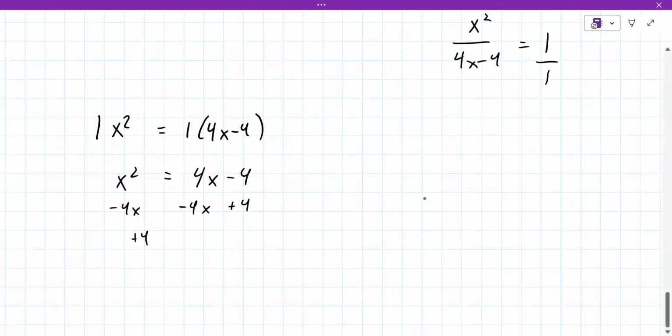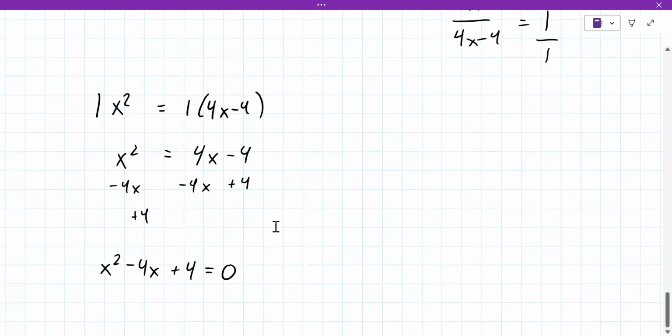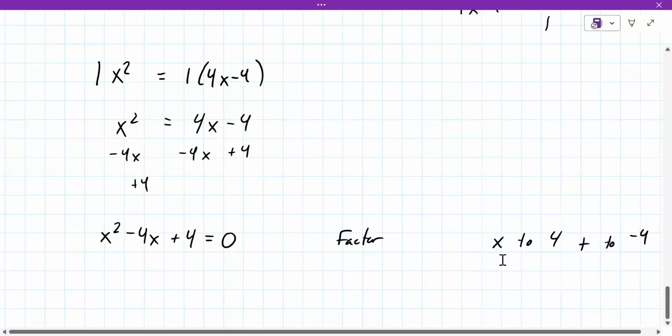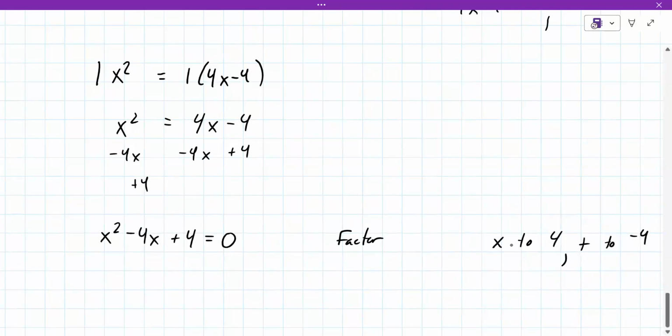So you have x squared minus 4x plus 4 equals 0. And then you have to factor. You should find two numbers that multiply to 4 but add to negative 4, which means they're both negative.